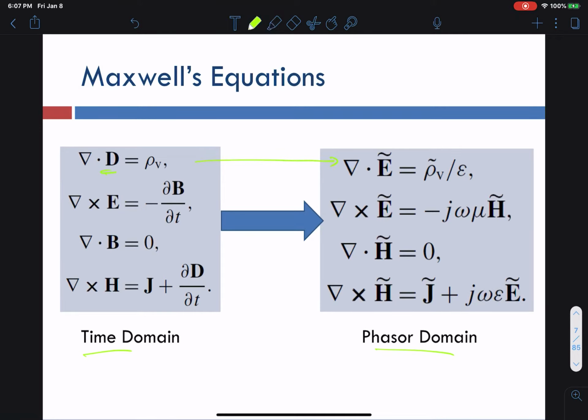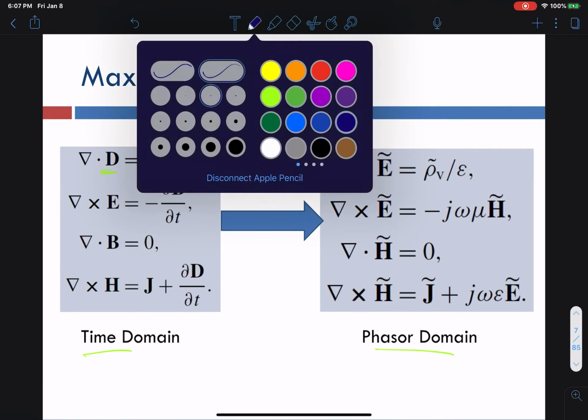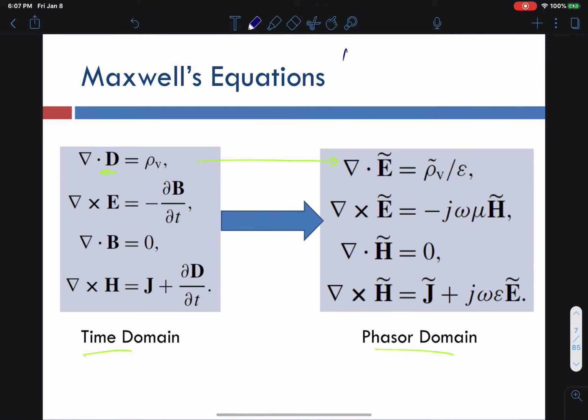Let's take a different color. All right, so D is epsilon E, right? If I represent both sides by phasor, D phasor would be what? Epsilon E phasor, right? So D is epsilon E phasor, and rho can also be replaced by phasor domain.